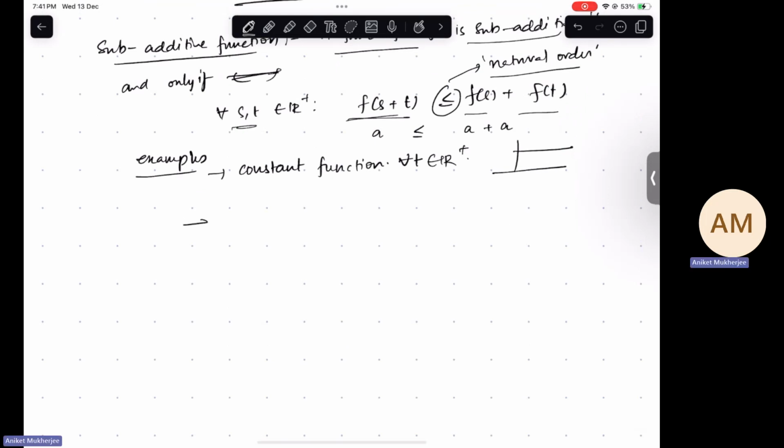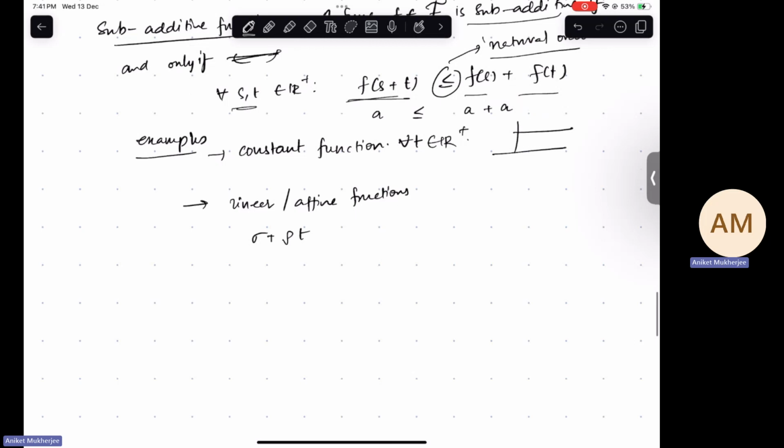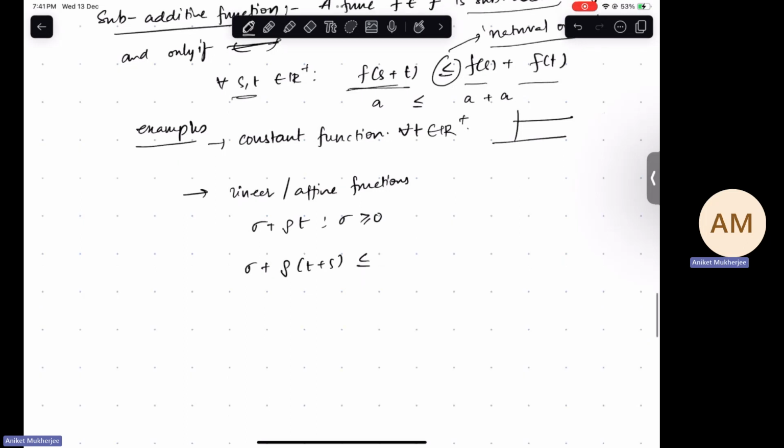Okay. Next is any linear or affine function of the form rho plus sigma t. If you write this down, rho plus sigma times t plus s is less than or equal to two rho plus sigma times t plus s, where rho is greater than or equal to 0. You can't have a negative fraction, then it won't hold.